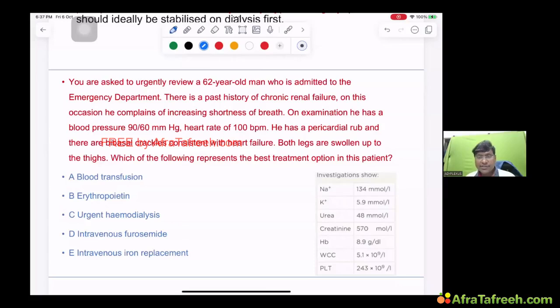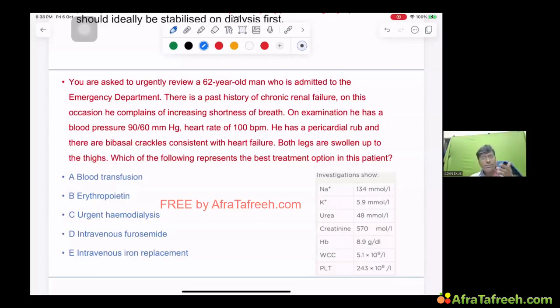And the other point is, you want to take the patient to the dialysis, Soumya and Vinita. What is the most common complication of hemodialysis we have discussed? That is hypotension.